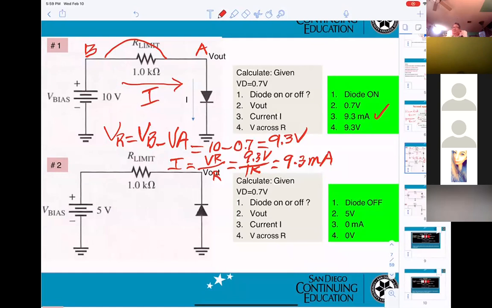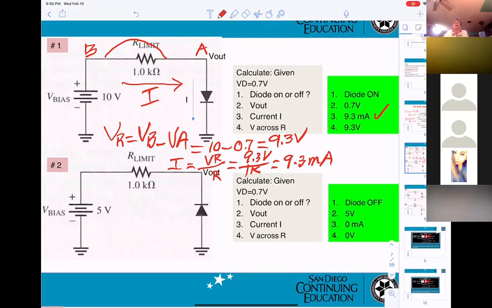When you go down further, you can see the relation between the voltage and the current. But for the calculation, you must go this way, otherwise it's more confusing. When you're looking at a circuit with a diode, if you don't know the diode is on or off, you cannot solve it.